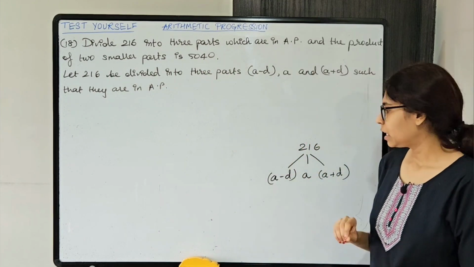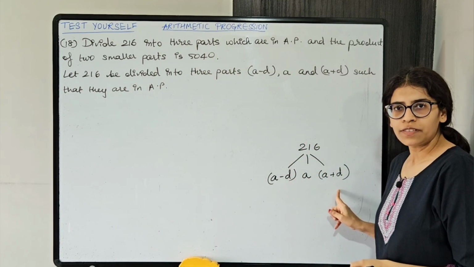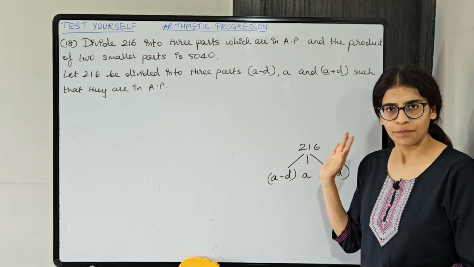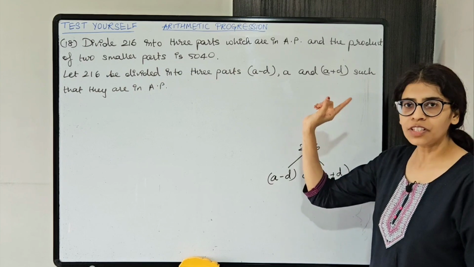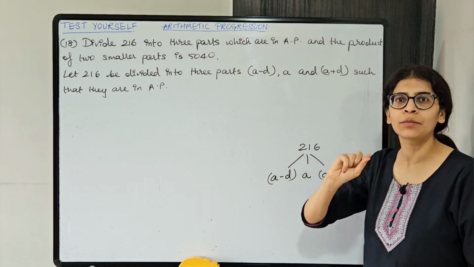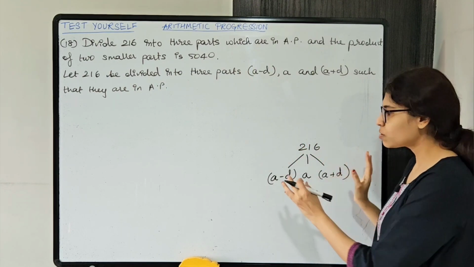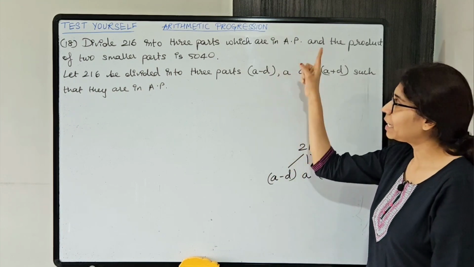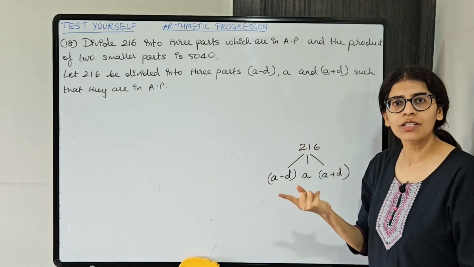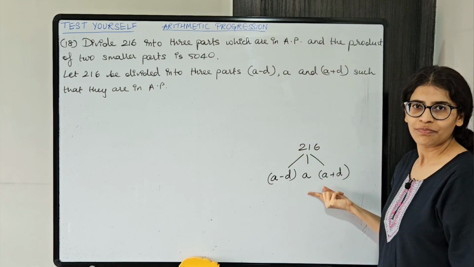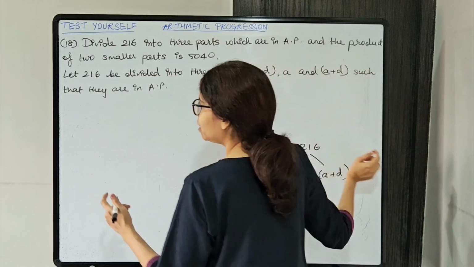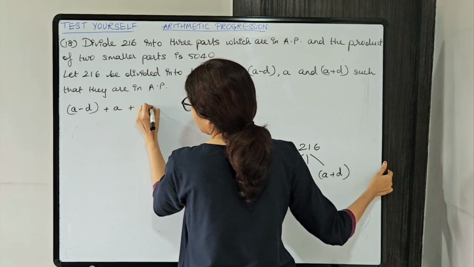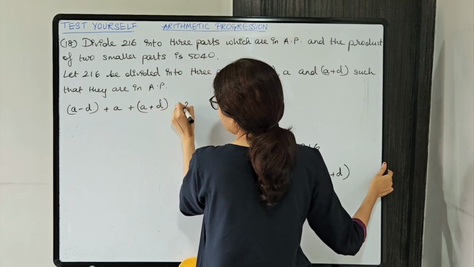Okay, 216 has been divided into these 3 parts, so adding these 3 parts back together, I should get 216, right? So whenever you are given this type of question that you are dividing a number into a certain number of parts, then adding all those parts you will get the same number back. That will be the first condition. Okay, only one condition is given here, so one more condition is required that you are supposed to know. Okay, so adding A minus D, A and A plus D, we'll get 216.